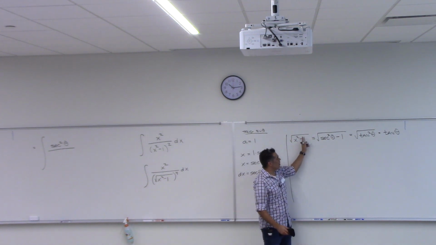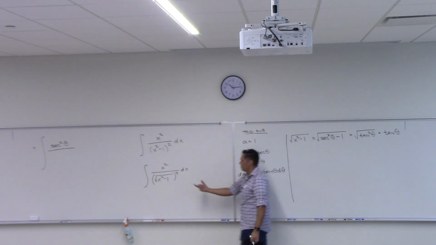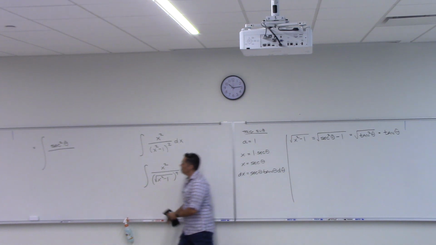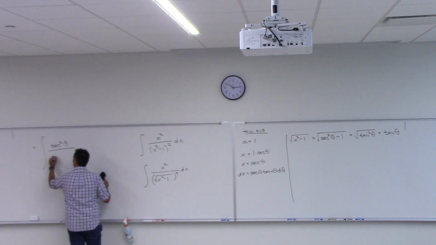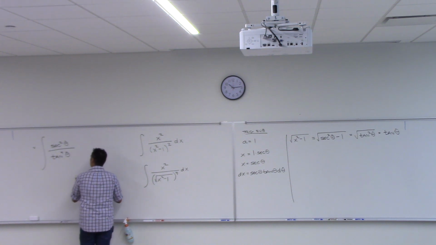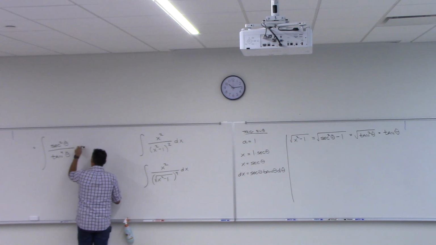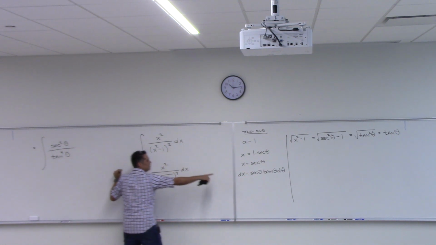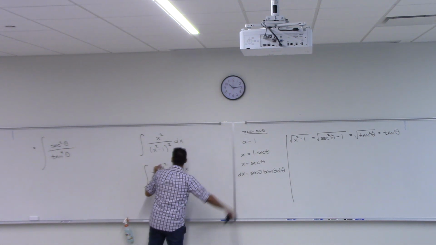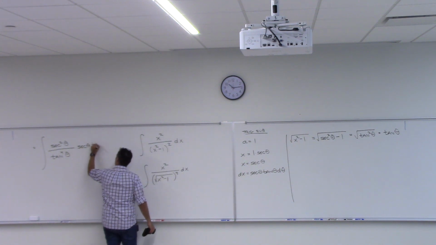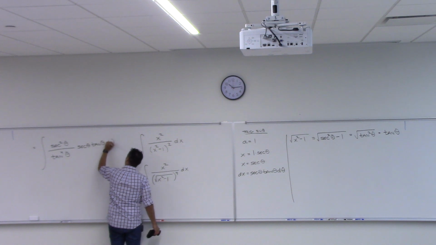The square root part is tangent theta, but it's still to the fourth power, right? So the bottom is tangent theta to the fourth power. Am I done? No. Don't just throw d theta there. You have to replace dx with secant theta, tangent theta, d theta.